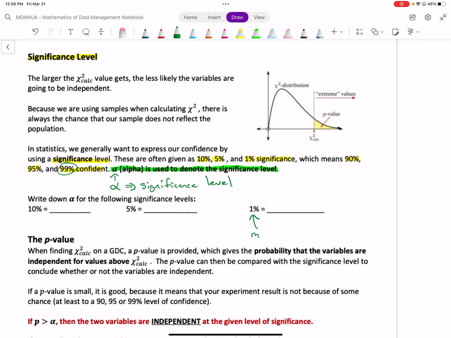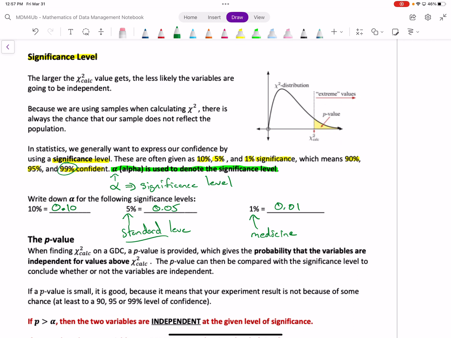So this is often used in medicine, but the standard significance level is 5%. And we use those as decimals, so 10% is 0.10, 5% is 0.05, and 1% is 0.01.